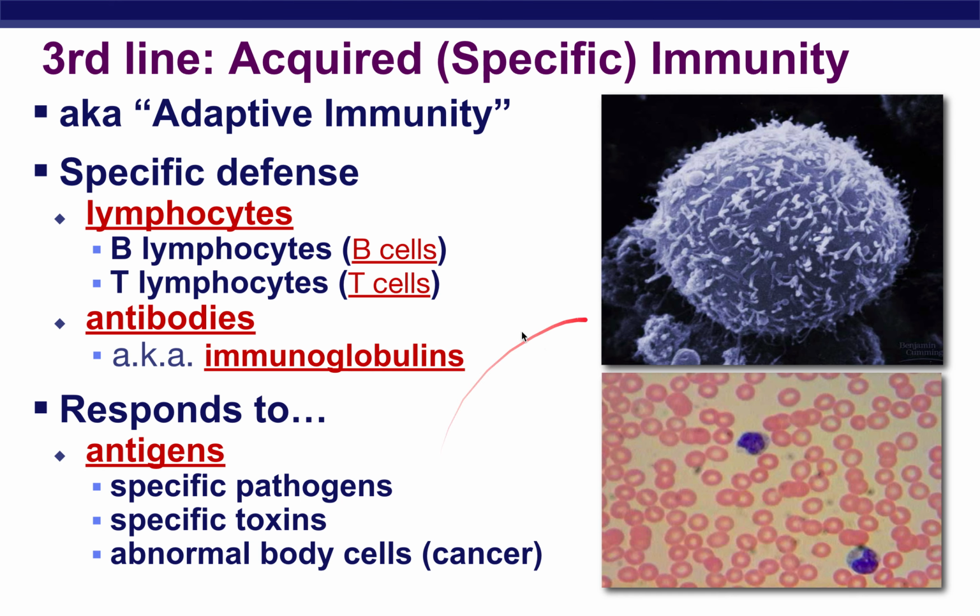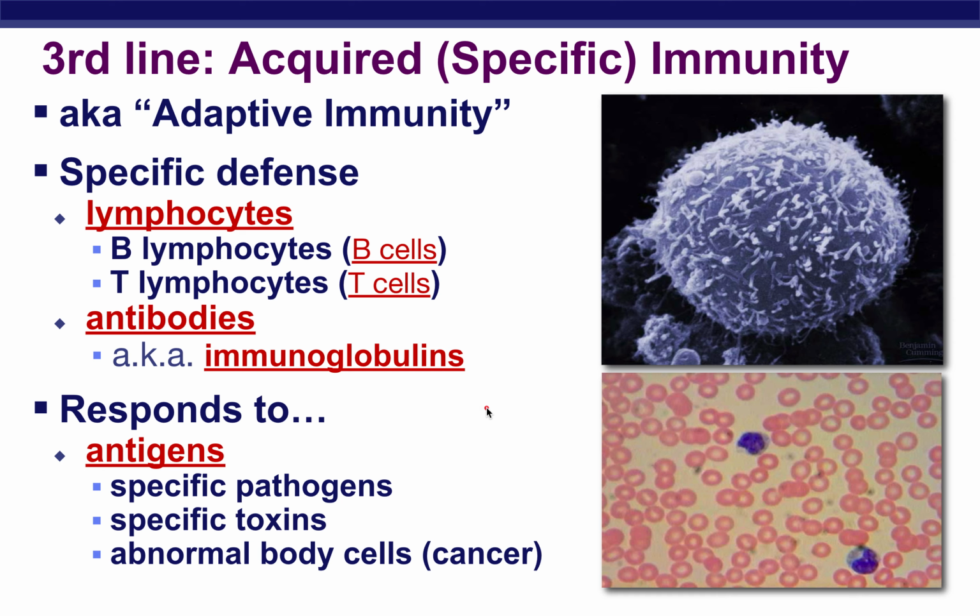So any given B cell or any given T cell is only able to attack one antigen, but any pathogen that has that antigen that the T cell or B cell is specialized for is going to be nuked by those cells. And antibodies are special proteins that are created by B cells to help assist with those attacks. Sometimes those antibodies are also called immunoglobulins.